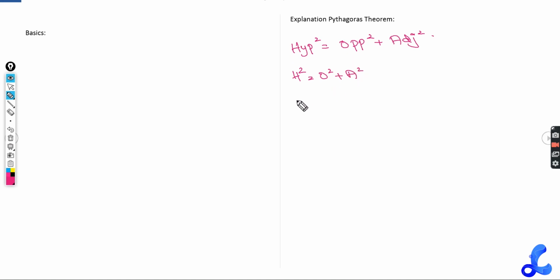A lot of schools and a lot of teachers, they also tell one more formula, which is c square equals to a square plus b square, where c is hypotenuse, a is opposite and b is adjacent. You can take any formula, but this is the basic formula for Pythagoras theorem. You have to remember this formula correctly, right?